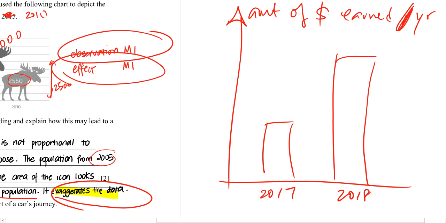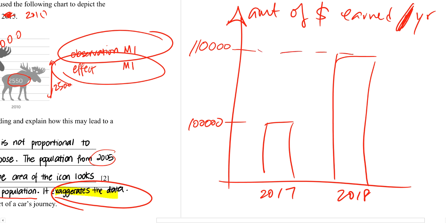Okay, so it looks like half, right? But what if I give you this information? This one is 100,000. This one is 1. Okay, so what do you think now?